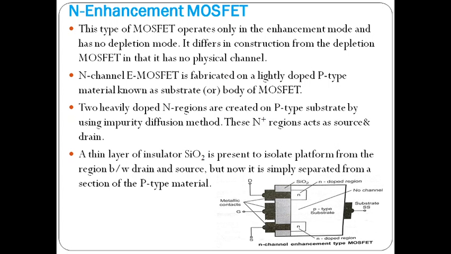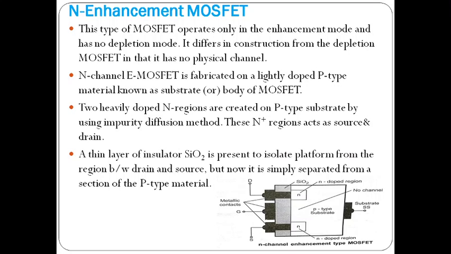Now we'll discuss enhancement MOSFET. The main difference between the depletion MOSFET and enhancement MOSFET is the presence of channel. In depletion MOSFET, the channel is present, which is lightly doped n-type material diffused into the p-type substrate.